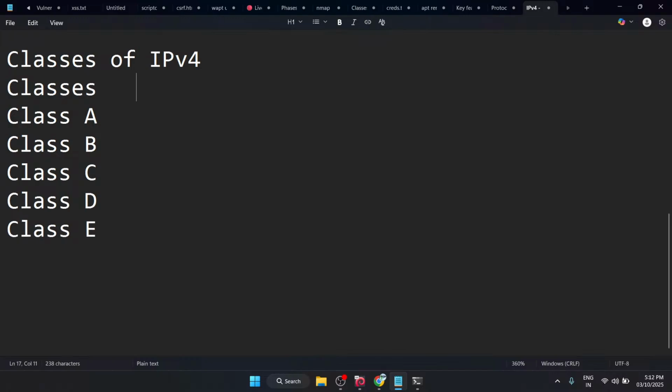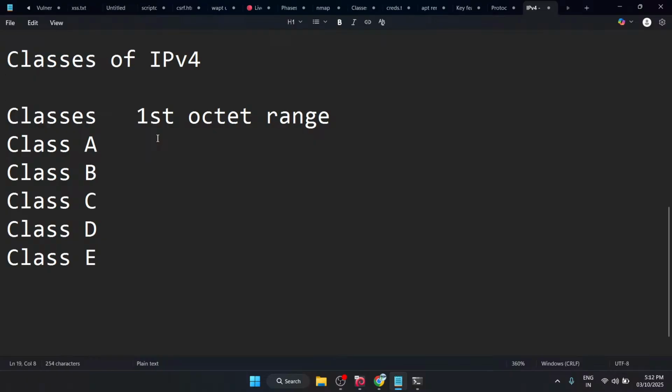Here I'm gonna put the first octet range. Each octet can range from 0 to 255. So class A starts with 0; the first octet should be 0 to 127. Class B is 128 to 191.